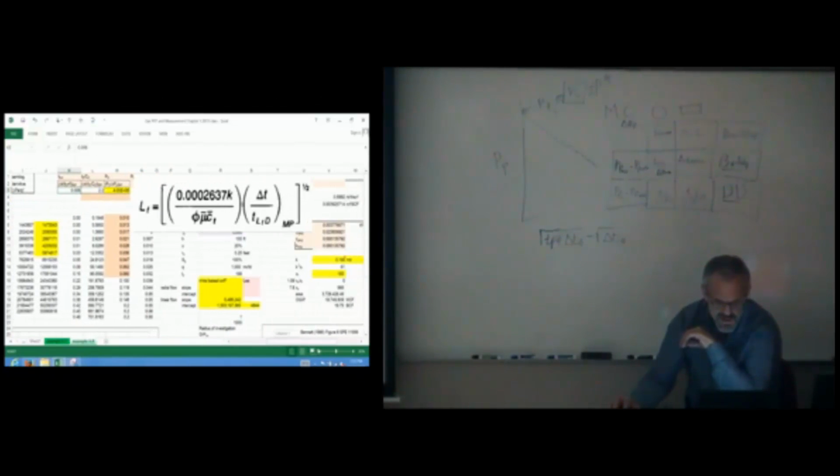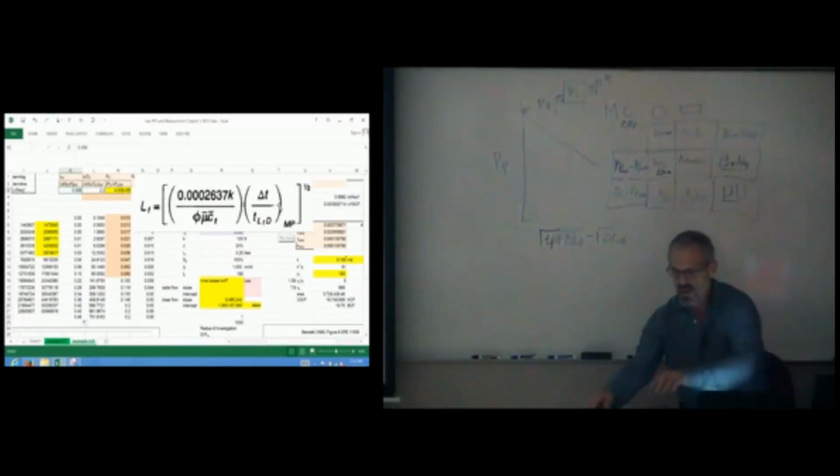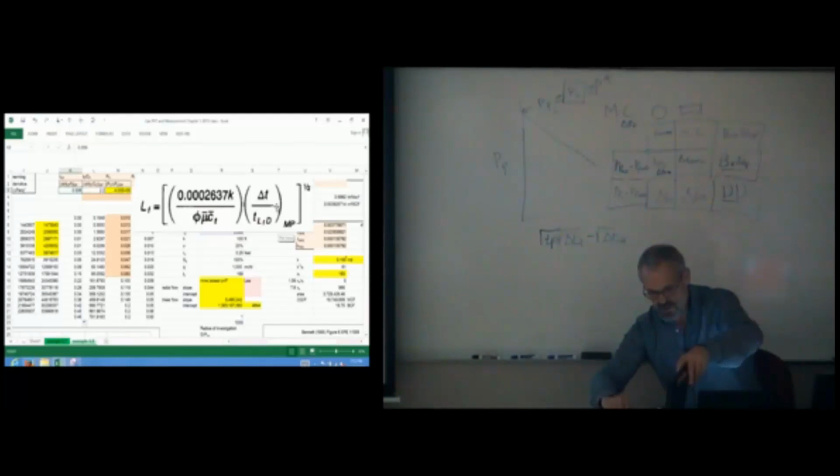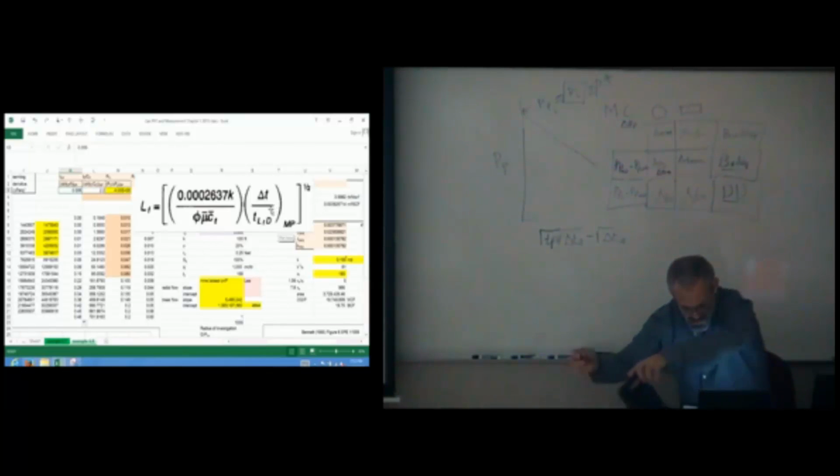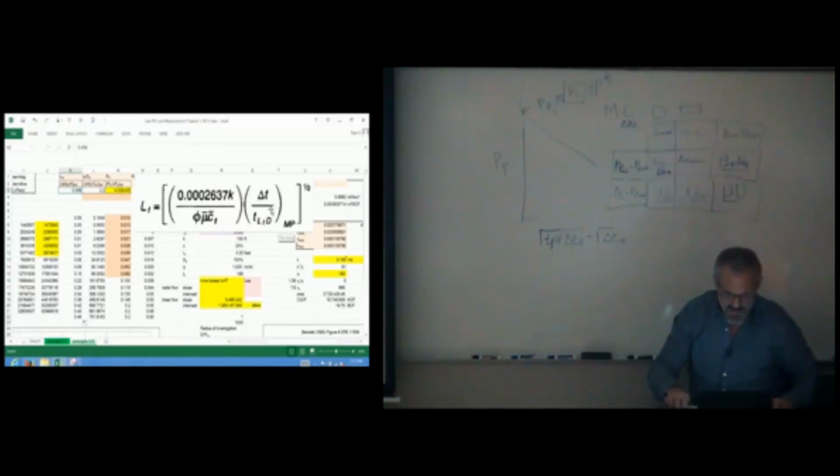Okay, so I'm going to pull out a piece of paper and do some algebra here. You can do the same thing. I've got to get delta t over t. Do not use Lf, use x sub f, dimensionless multiplier, right?